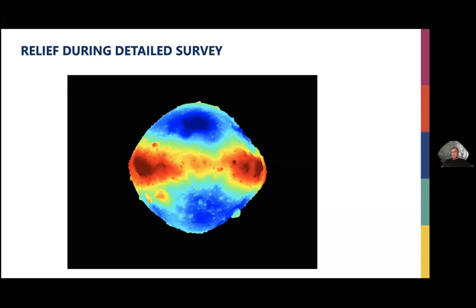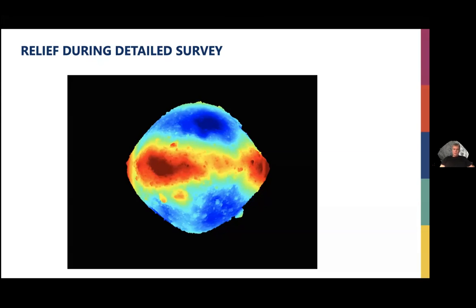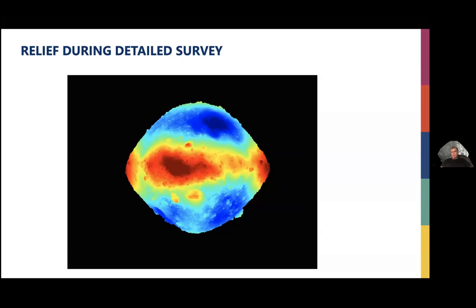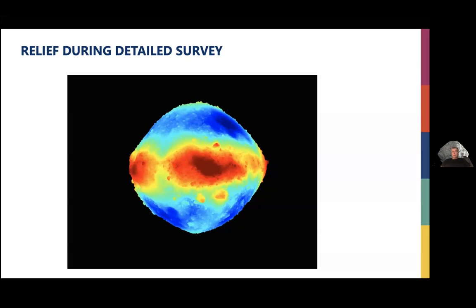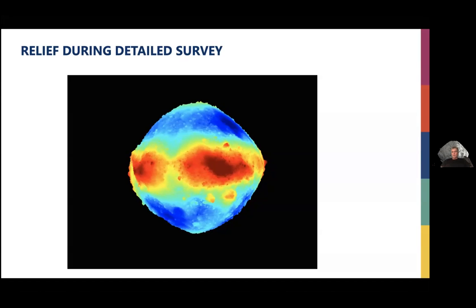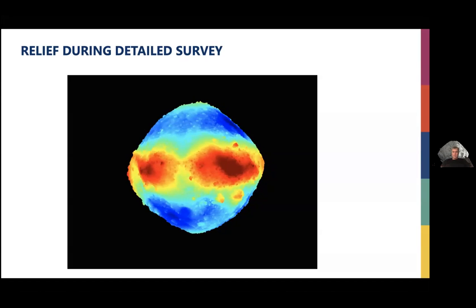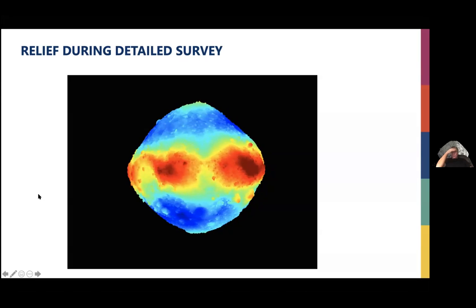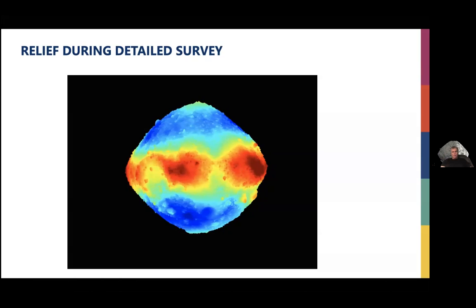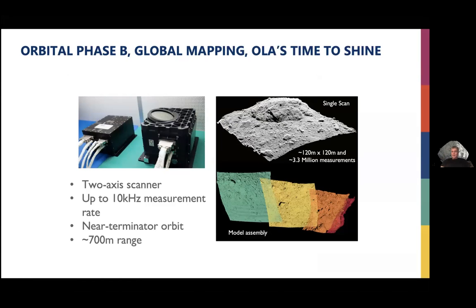We actually used this data to really help down select sample sites, because the topography at that scale was still better than other methods we had of assessing the sample site. So this is one of those moments where you just kind of wipe the sweat from your brow and say it's going to be okay.